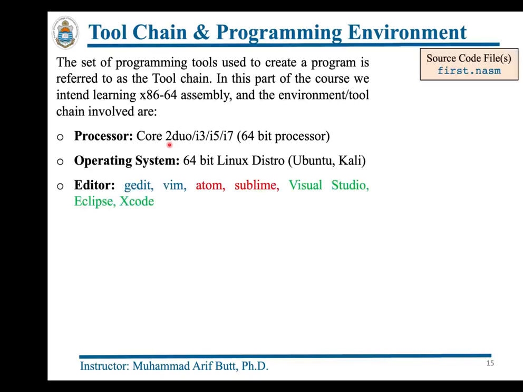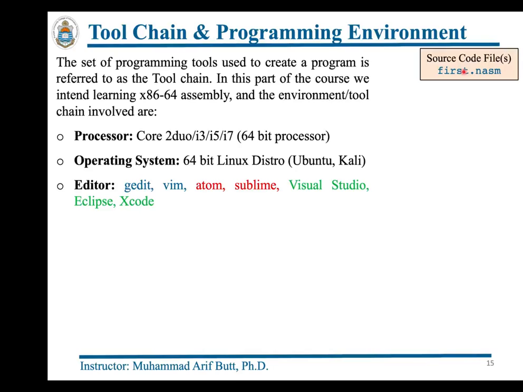Okay, then for writing the assembly code, for example, if you want to write the assembly code for the x86-64 processor and the file name is first.nasm, we need to have an editor for writing this code. But dear students, you can use a text editor or a code editor or an IDE.